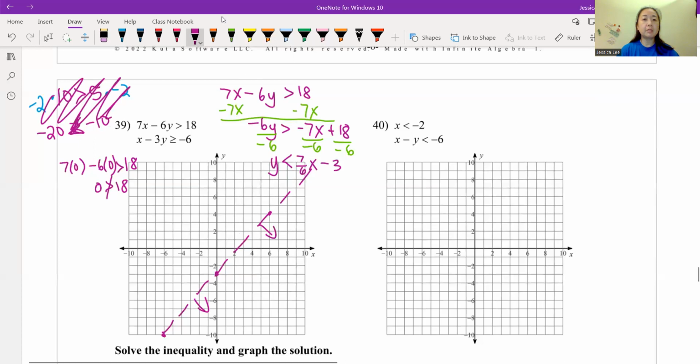All right. And we're going to do the same thing with the other one. So we have x minus 3y is greater than or equal to negative 6. Again, we're going to subtract x on both sides. And we get negative 3y is greater than or equal to negative x minus 6.